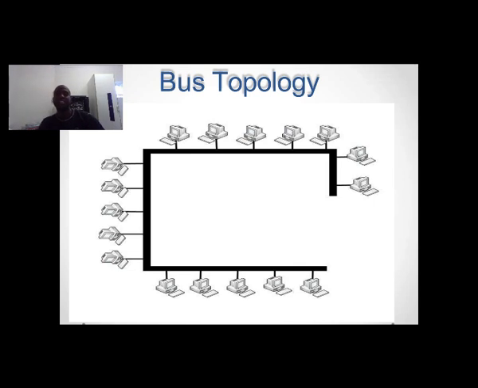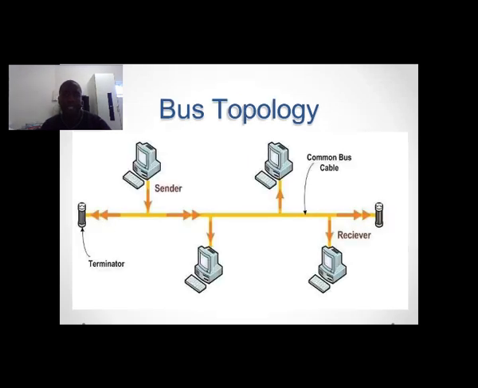Right, here's another example, a long bus. You see there you have a main cable, and then you have got your devices connecting to that cable. That's another example. There is your tap, and there is the terminator where the cable ends.